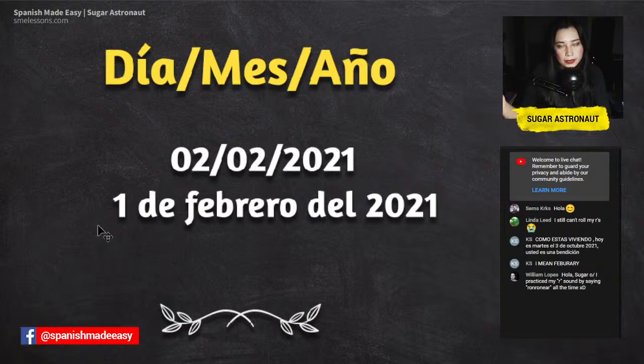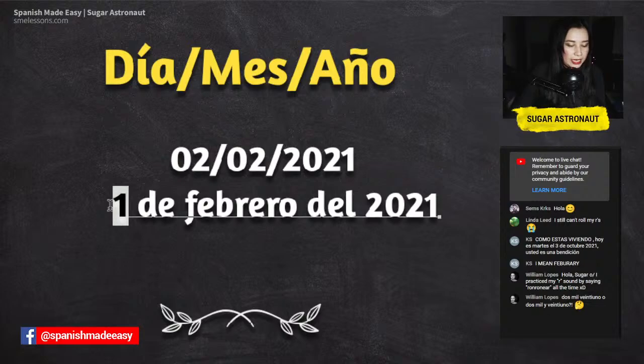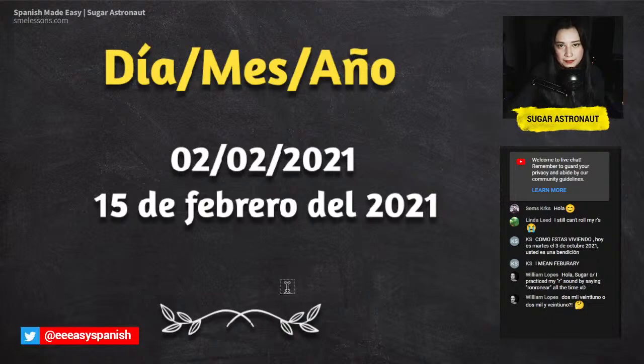Of the year 2021. So remember that for the first day of the month, instead of uno, just say primero. And then from there, if you have a different number, for example, let's say you have the 15th, you can say quince.